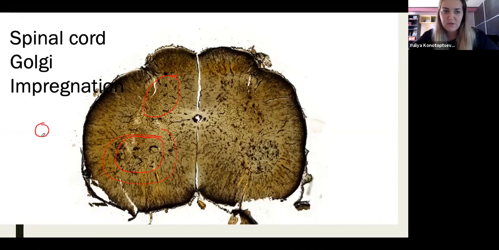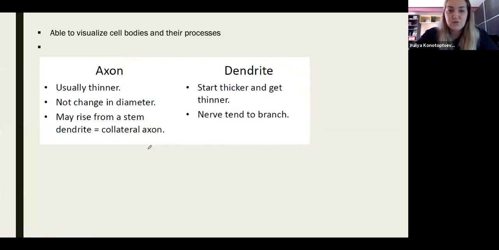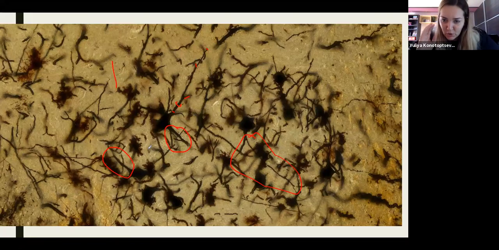So they have a cell body, one axon, and a bunch of dendrites. If you compare, what would you see more, axons or dendrites? For sure, you will see dendrites more because they're multipolar neurons everywhere. So it's very difficult to actually find a good axon. You can see dendrites, dendrites, dendrites, it's all dendrites. All of them here are dendrites.